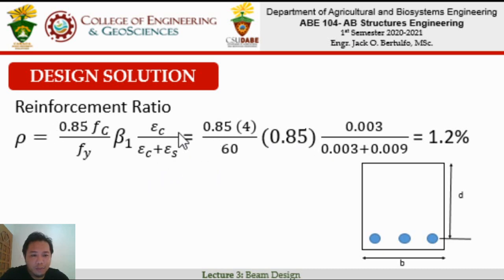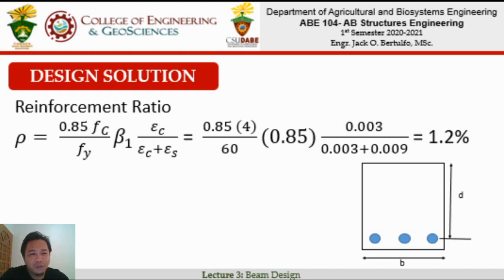So just substitute. You have 0.85 multiplied by 4 over 60 multiplied by 0.85. The strain of the concrete is 0.002. We have a formula for this, but I will attach the reading material for it as a slide presentation, but we will not include that in our discussion because it's quite difficult to discuss the flexural analysis for reinforced concrete beams using this asynchronous mode of teaching.